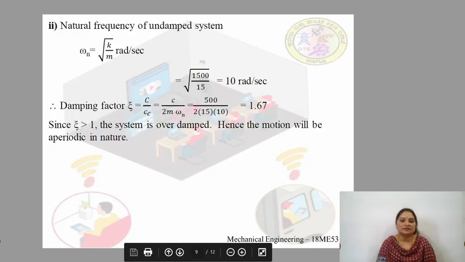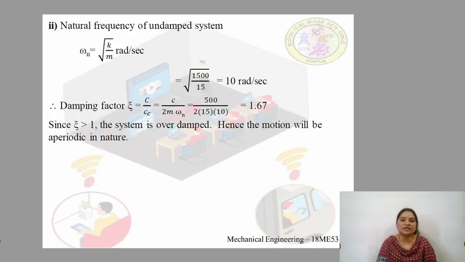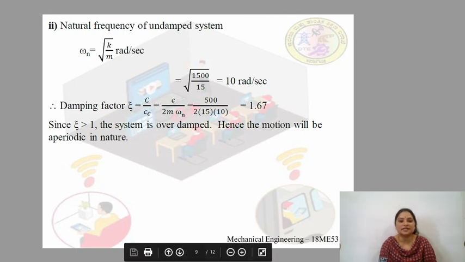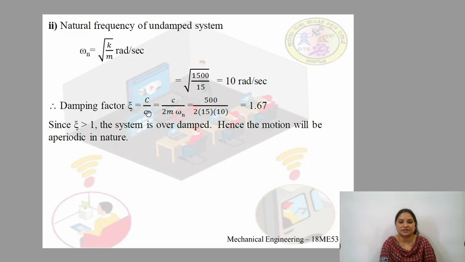The second one, the natural frequency of the undamped system. Natural frequency is given as square root of k by m radians per second. Here the values of k and m are substituted so that we get the natural frequency as 10 radians per second. At last, the damping factor zeta is given as the ratio of damping coefficient to critical damping coefficient.